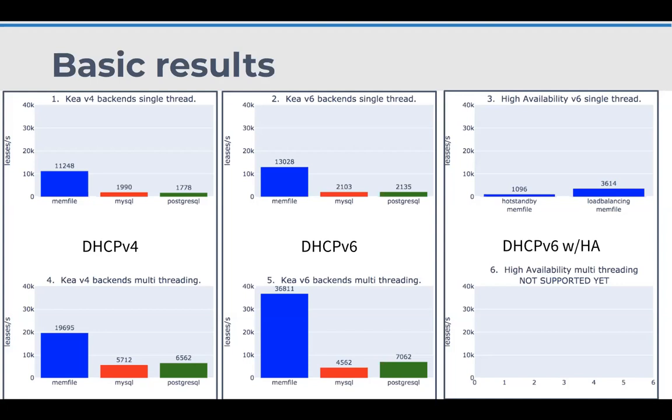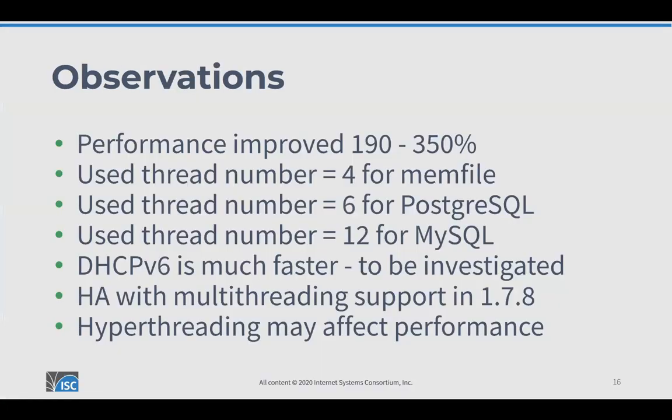And a smart summary: yes, performance improved for multi-threaded, from 190 to 350%. The thread numbers used are 4, 6, and 12 for different backends. HA with multi-threading support will be in 1.7.8.